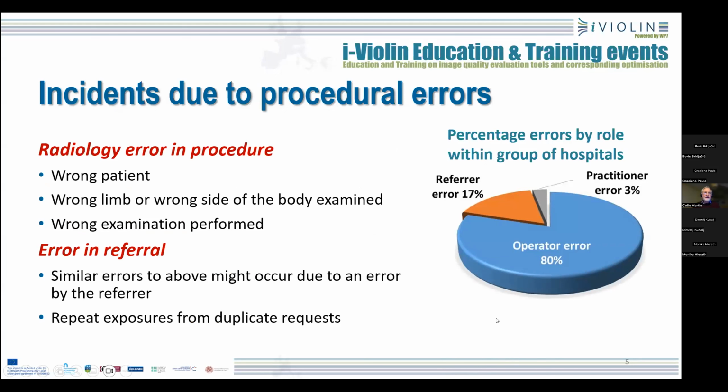So if we look at who is responsible for error, as one might expect, the majority of errors occur in the radiology department: the wrong patient, the wrong limb, the wrong side of the body, the wrong examination performed. There are lots of things that can go wrong in the department itself, but some of these can also be a result of an error in the referral.